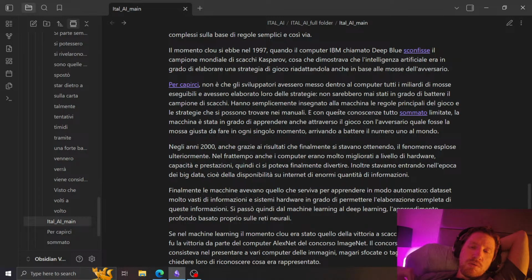Perfetto. Quindi in inglese potresti tradurlo così. And with this knowledge, all in all, limited as it was, the machine was able to learn, even through the game, what the right move was at every single moment against the opponent, managing to beat the number one in the world. È un po' lungo, ma mantiene il senso complessivo.